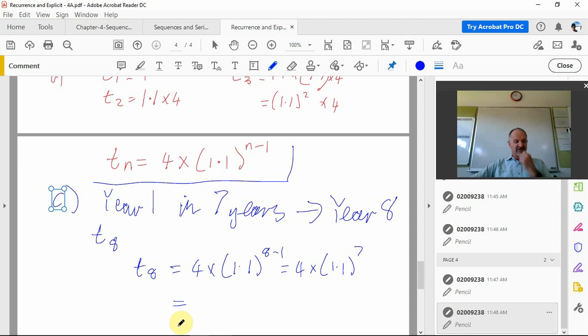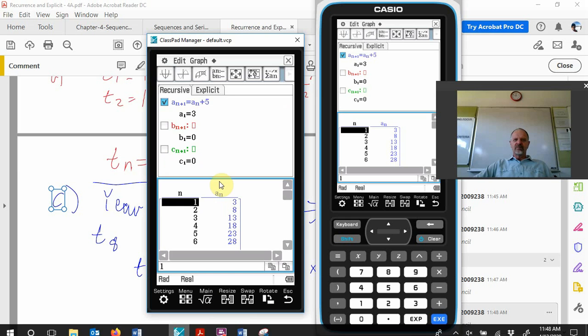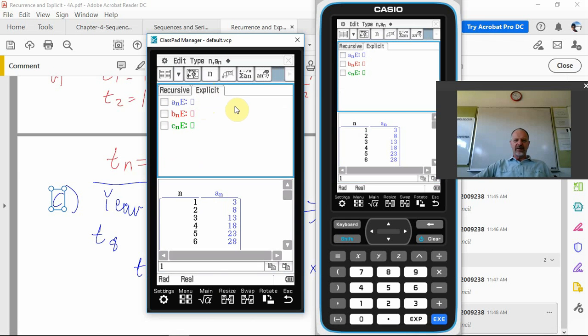You can also do it using the explicit relation on the calculator, and I'll show you how to do that. So here's the explicit tab. This term was 4 times 1.1 to the power of n.